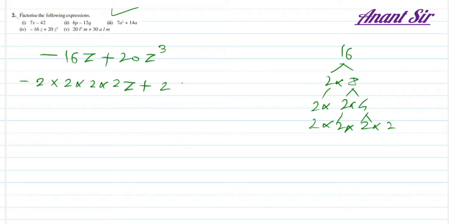Similarly, 20 you can write as 2 times 2 times 5. See, 20 is 4 fives, and 4 can be written as 2 times 2. 5 remains as it is.